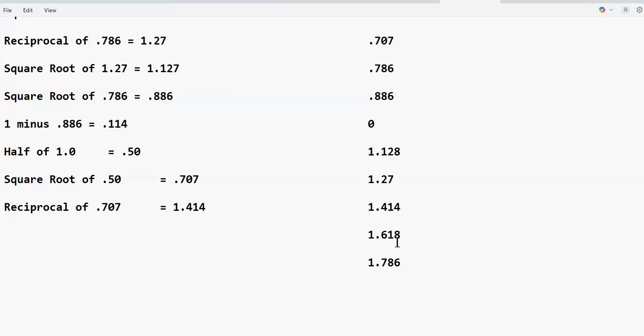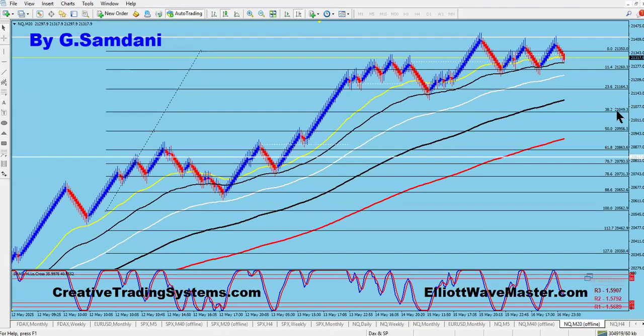Let's remember that number. This is how you make this Fibonacci 2. All these numbers in sequence: 38, 50, 61, 70.7, 78, 88, 100, 112, 127. This is how we build this 2.